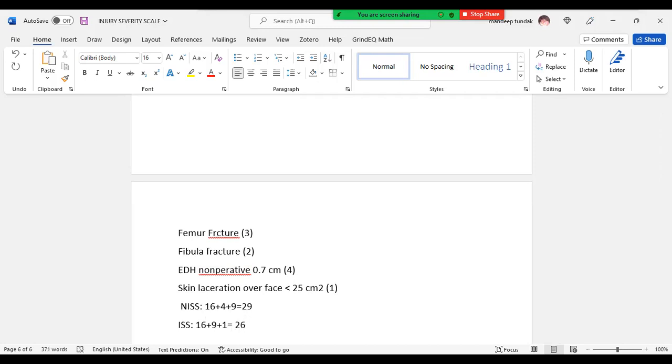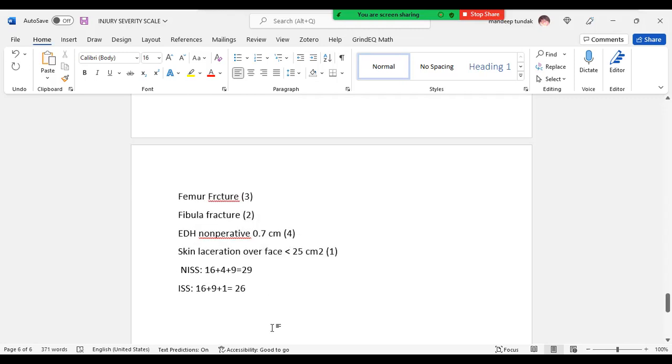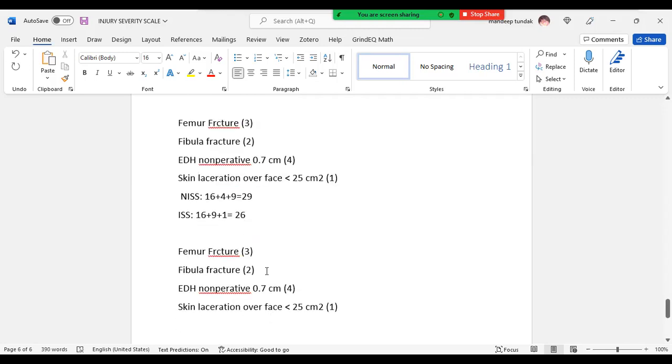Again, just changing the example. This was good. Again, 2-3 examples we will do like this and then we will close off. Suppose he is having femur fracture, EDH, and SDH which is more than 50 cc, and skin laceration. Okay, just forget the odontoid fracture.